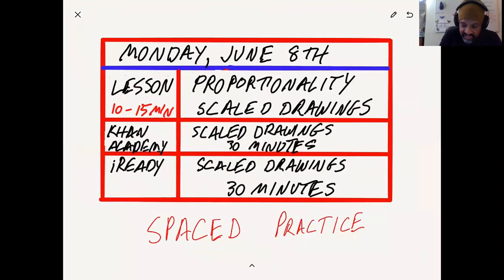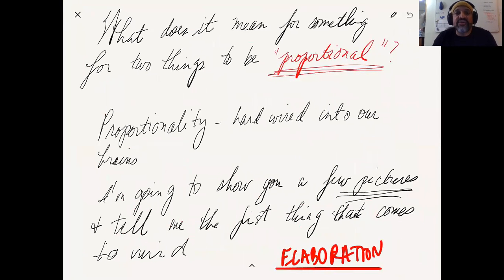Here is the first thing that I wanted to cover. One of the questions that you should be able to answer is, what does it mean for two things to be proportional? You should be able to tell me. And it shouldn't be a mathematical definition like, if you look at a graph, if it's a straight line that goes through the origin. That is a true statement.